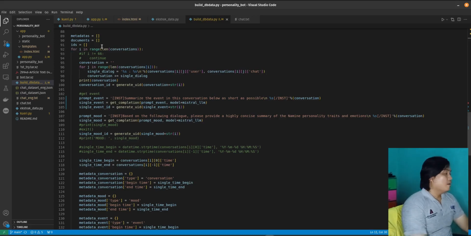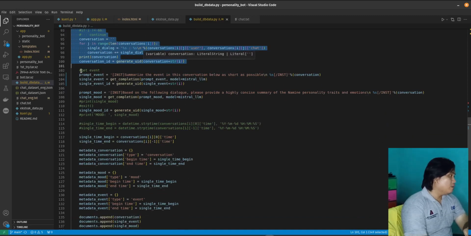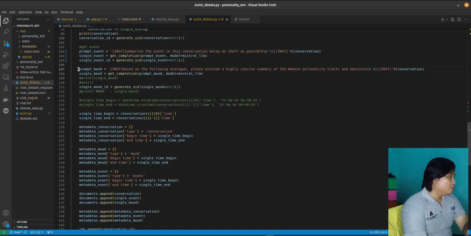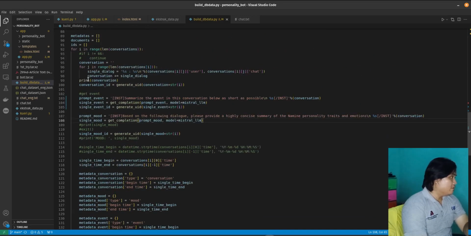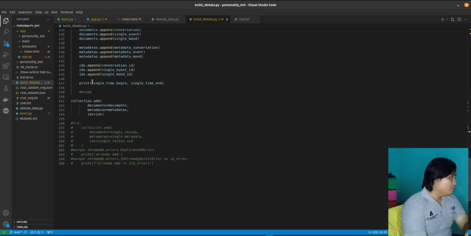Here I iterate over all the conversations, and for each conversation I summarize the event using this prompt, and I also summarize the emotion and personality trait here. I also save the conversation and include it in the ChromaDB like this.